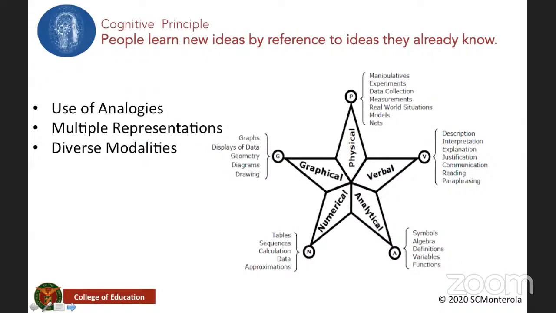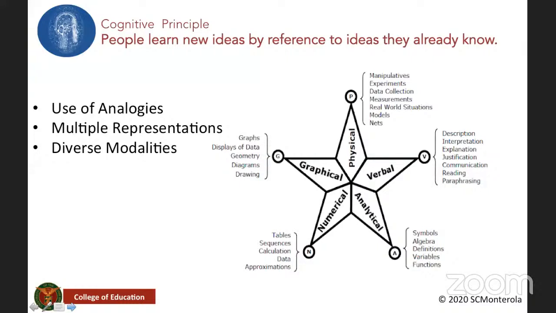Here, we'd like to encourage our students, in order to easily learn new ideas that we introduce to them, to make connections about these new ideas and to translate them to other representations.